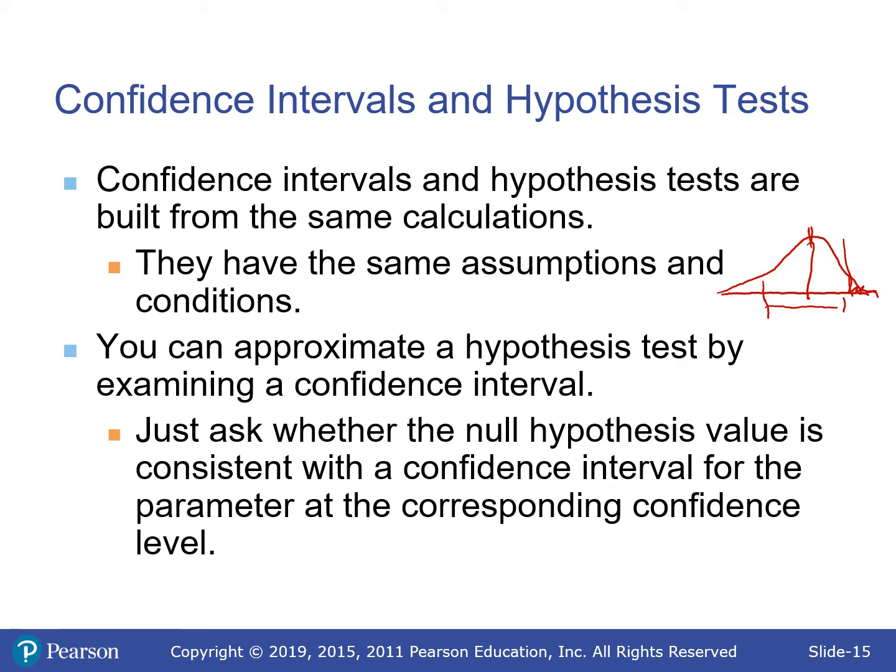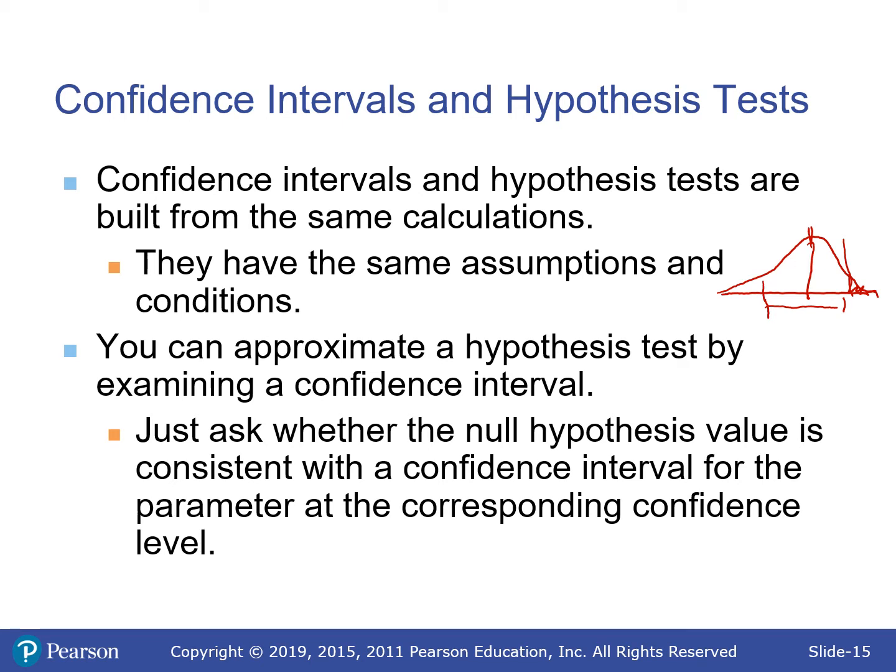So if your confidence interval includes the null hypothesis value, that would be failure to reject the null hypothesis, because that's a possible value that you would estimate. If your confidence interval does not include the null hypothesis value, that means there's good evidence to reject the null hypothesis.